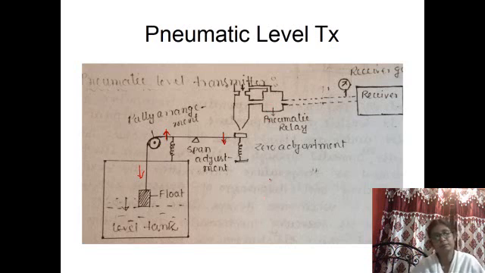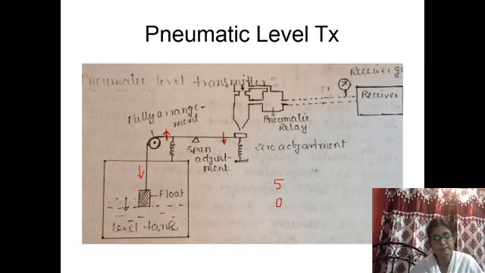Say the range is 0.5 to 3. Again, this 0.5 is treated as the 0. So 0.5 kg per centimeter square to certain range.